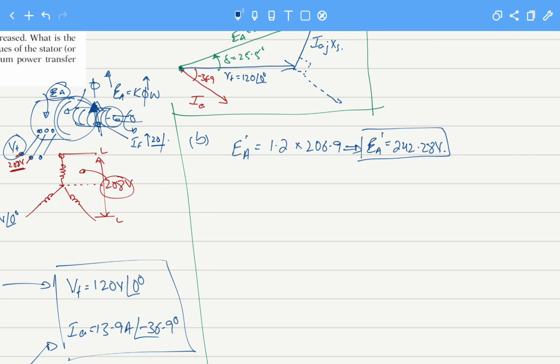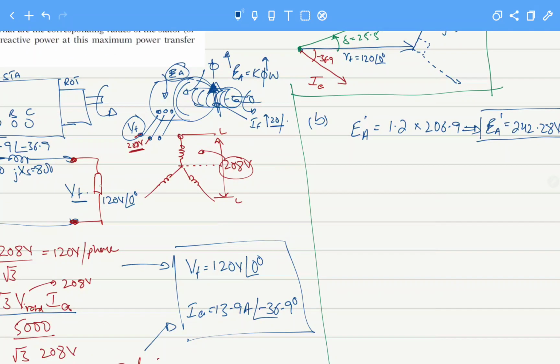Now, despite increasing the excitation current, the load remains the same. The load is consuming the same P; the P for the load will not be affected.